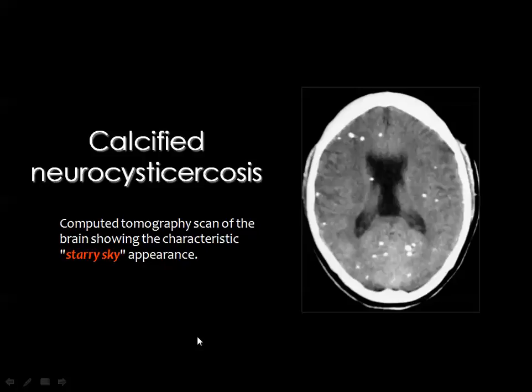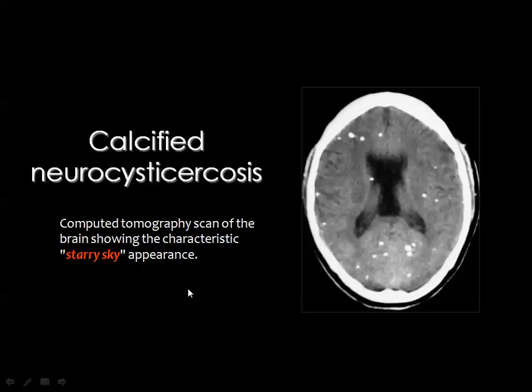After healing of the disease, you are left with multiple haphazardly distributed periventricular calcific foci, giving the characteristic starry sky appearance. And this is not pathognomonic for cysticercosis.